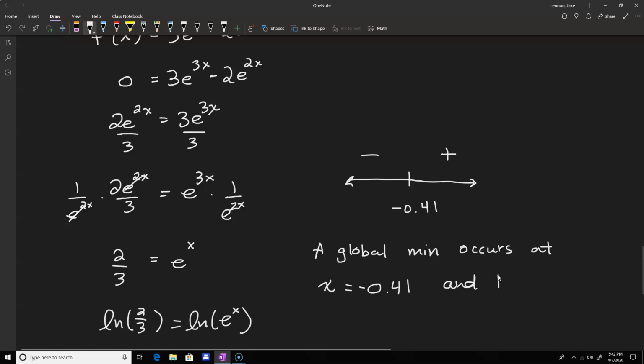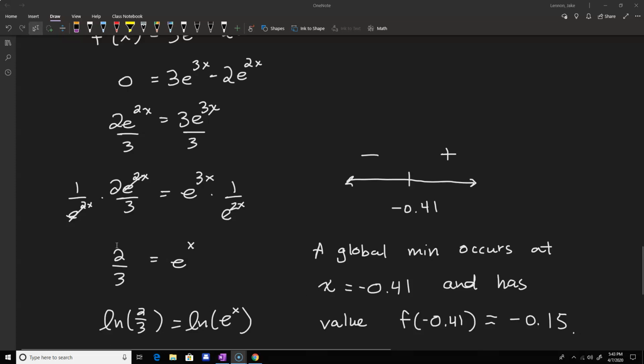To figure out the actual value of that global minimum, you need to plug it into the original function, so into f of x, not f prime of x. If you plug negative 0.41 in, you get a y value of about negative 0.15. So that would be the global minimum. Its coordinates would be about negative 0.41, negative 0.15.